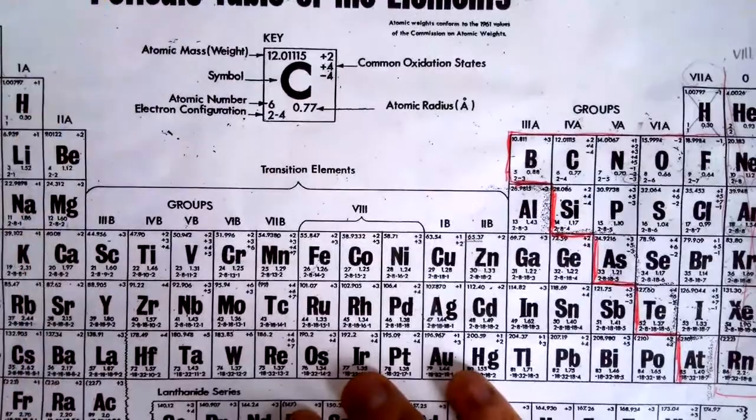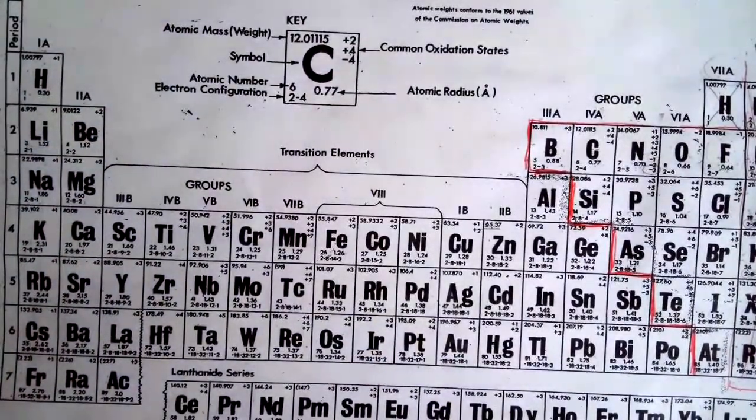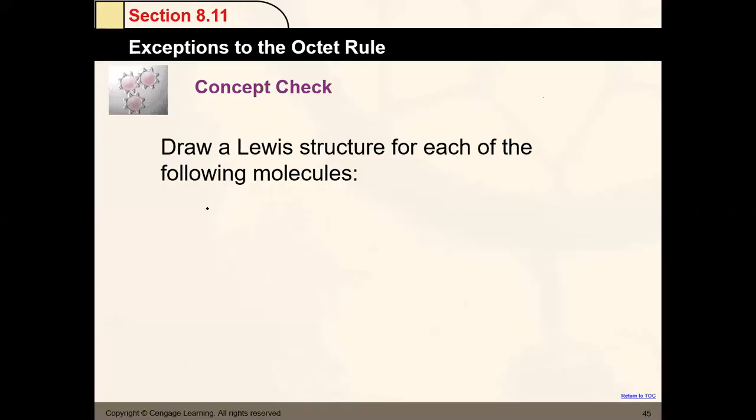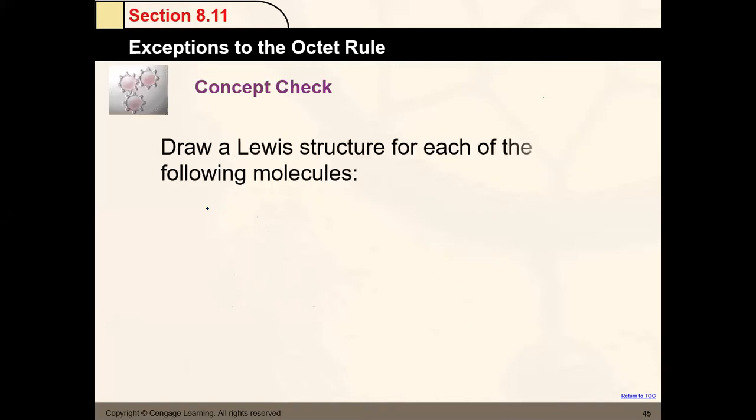I mean, no element forms 9 bonds, but at least according to the examples that we see in the previous case, sulfur was forming 4 bonds and had a lone pair. Arsenic was forming 5 bonds, which is 10 valence electrons. So those elements are allowed to break the octet from the third row and below.